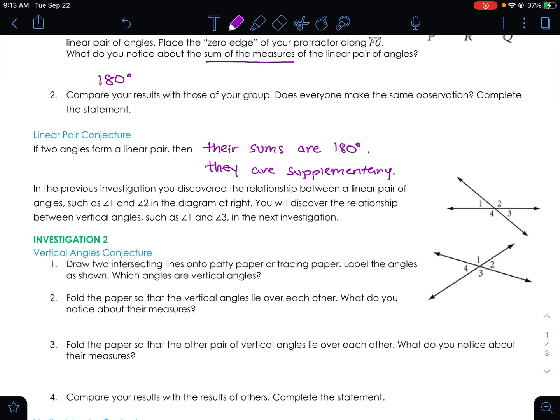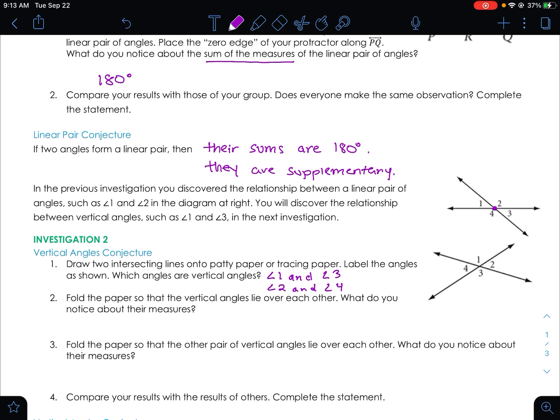So in both of these, the vertical angles are angle 1 and angle 3, and angle 2 and angle 4. Again, vertical angles are two angles that are formed by intersecting lines that share a vertex. So 2 and 4 share a vertex, 1 and 3 share a vertex.